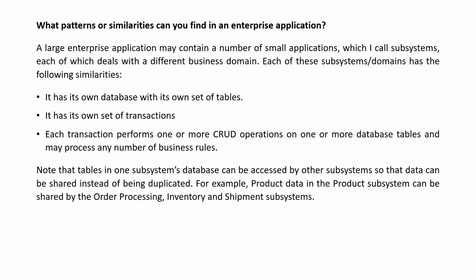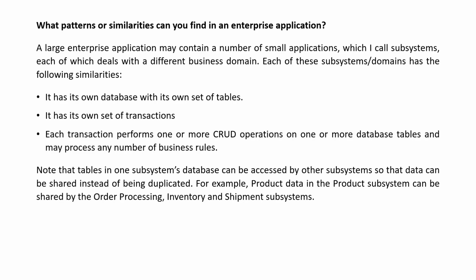What patterns or similarities can you find in an enterprise application? A large enterprise application may contain a number of small applications, which I call subsystems, each of which deals with a different business domain. Each of these subsystems or domains has the following similarities. It has its own database with its own set of tables. It has its own set of transactions.